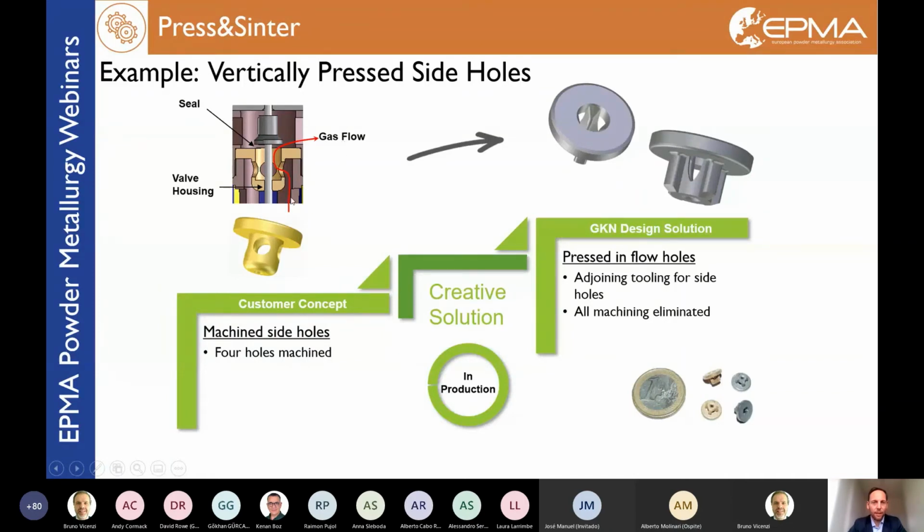This part had the function of some gas flow, and converting this geometry from the customer to this geometry, we were able to have no radial bores, and the part had the same function, and we were easily able to compact it with the standard technology.